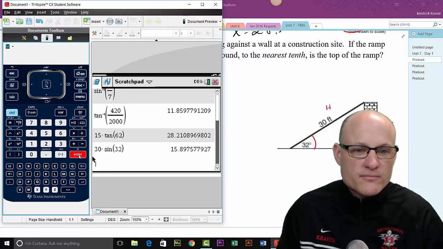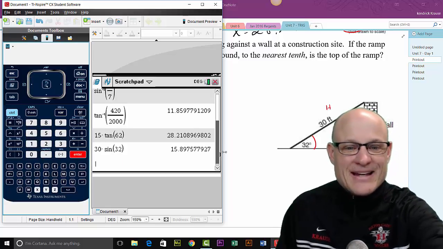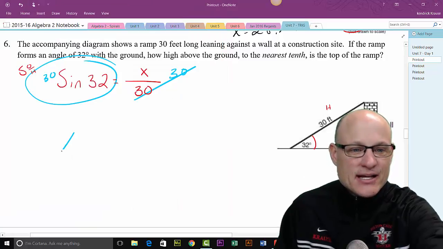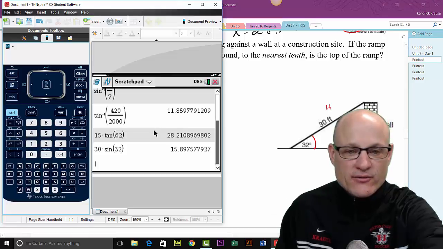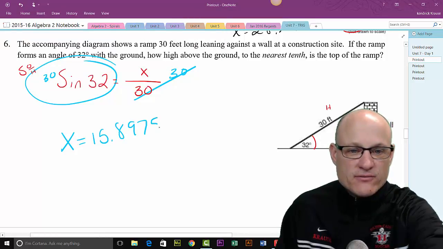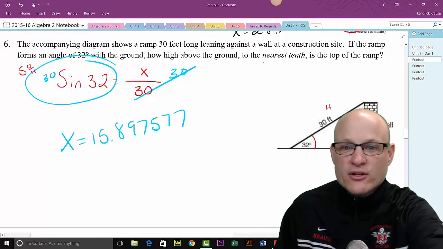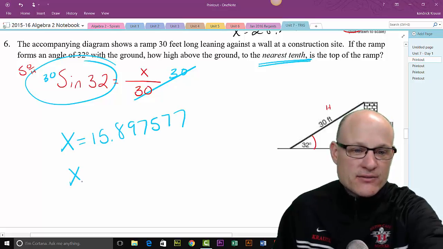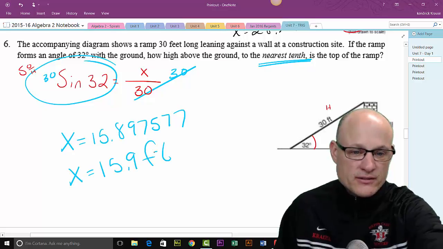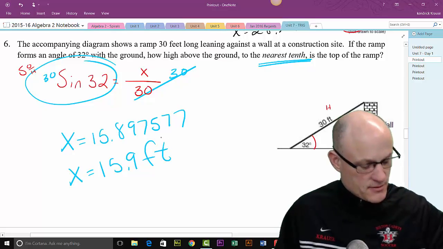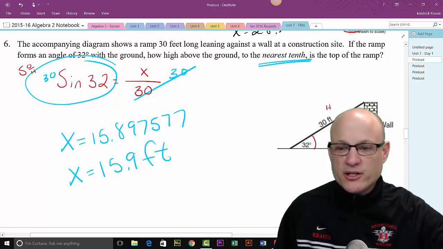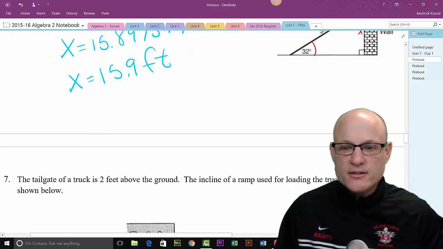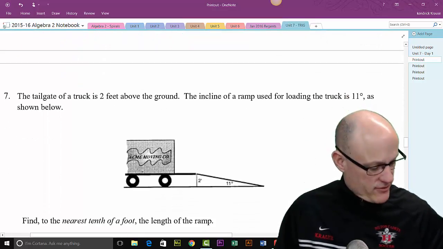Let's see if this crashes. 15.897577, so to the nearest tenth, x equals 15.9 feet. And we're done with that page, kids. It just never ends.